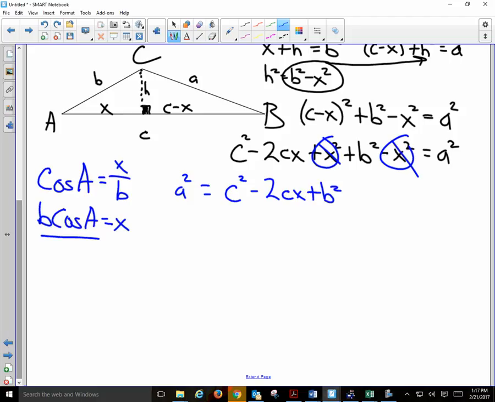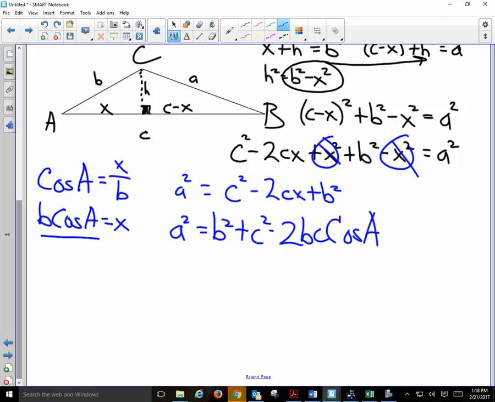I'll substitute that in for X. I get A squared, and I'm going to put the B squared in front here. I have a positive C squared minus 2 times X, where X is B, I'll write the C and the cosine of A. And there's my formula.